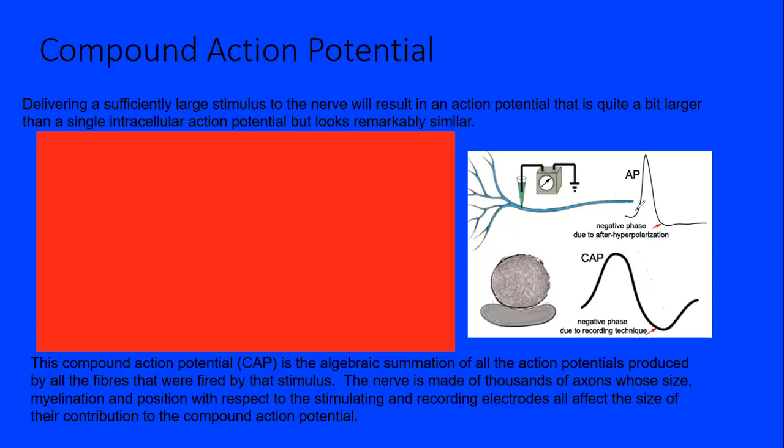So the shape is very similar to that of a single action potential. However, this one is a result of one action potential, here a summation of two action potentials, here a summation of several action potentials, and here is when you have the maximum number of neurons stimulated and all of them generating their own action potential so that you reach a peak.